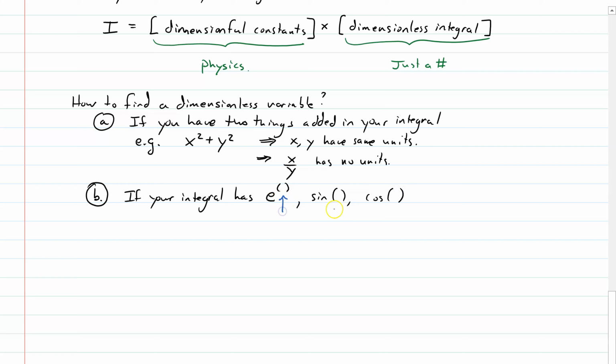So whatever goes here is always unitless. So if I look at what's inside of my exponential, or inside of my cosine, or inside of my sine, that already tells me something which is going to have no units. So this is a good dimensionless variable.